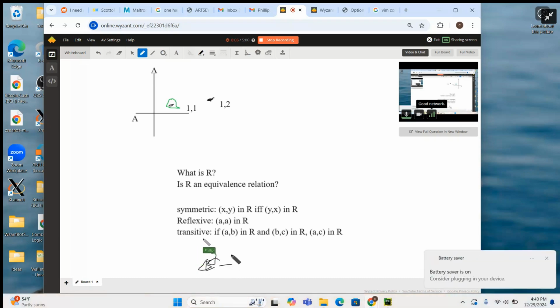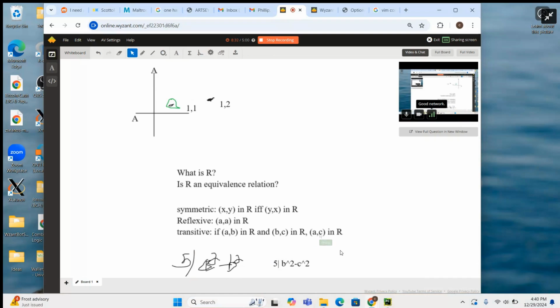So a squared minus b squared is divisible by 5, and 5 divides b squared minus c squared. Now, does 5 also divide a squared minus c squared? That is the question we're actually answering. Yes or no?